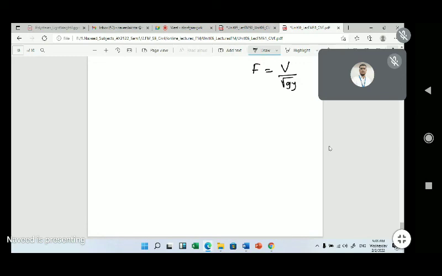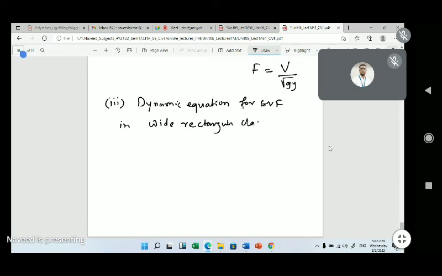Third, the dynamic equation for gradually varied flow in a wide rectangular channel. Generally in practice we use this because the width B is much greater than the depth.